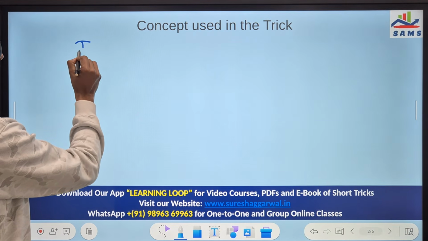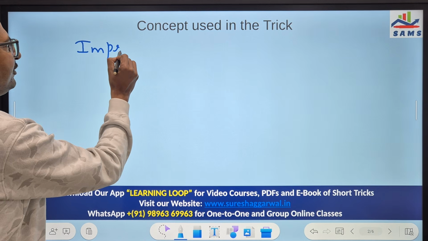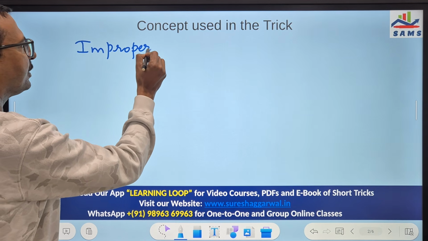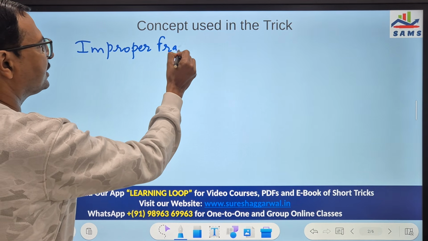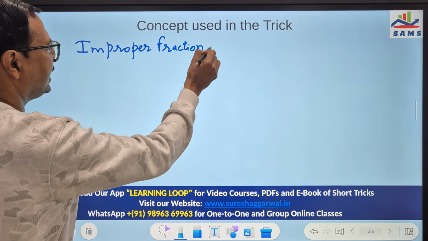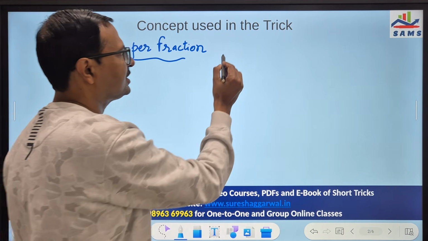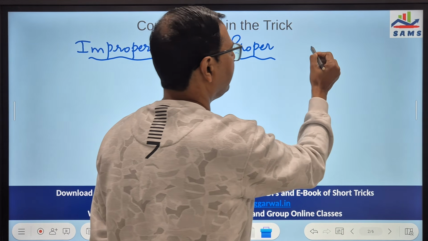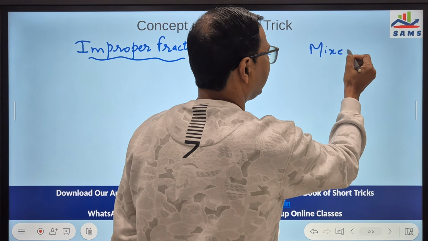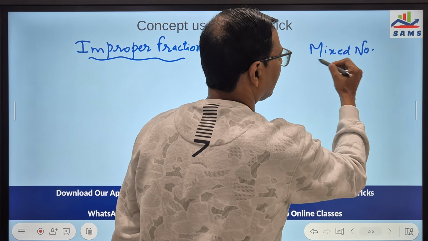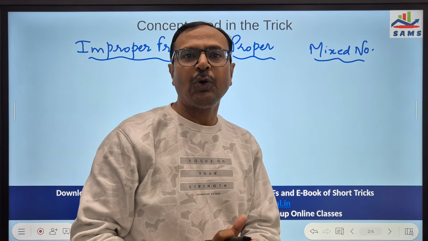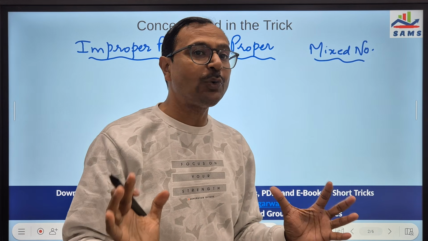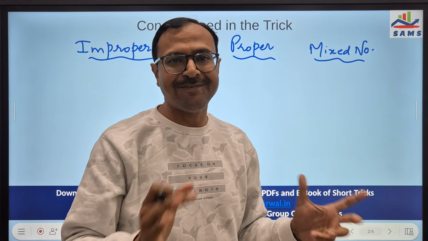See, the first thing I want to highlight is that there are three different types of fractions. This is an improper fraction, then a proper fraction, and finally a mixed number. Whenever you convert these three types of fractions to percentages, you are going to get a different kind of percentage every time.